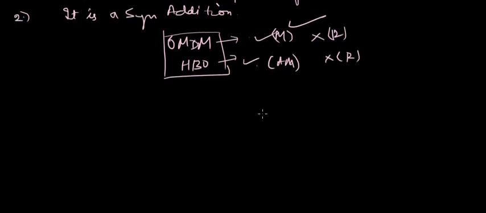Okay, so let's start off with a new topic which is very important as far as JEE level preparation is concerned, which is the Kucherov reaction, or hydration of alkyne. So let me just start it.